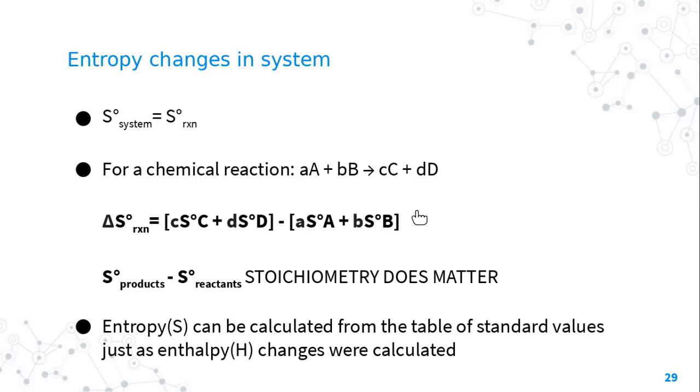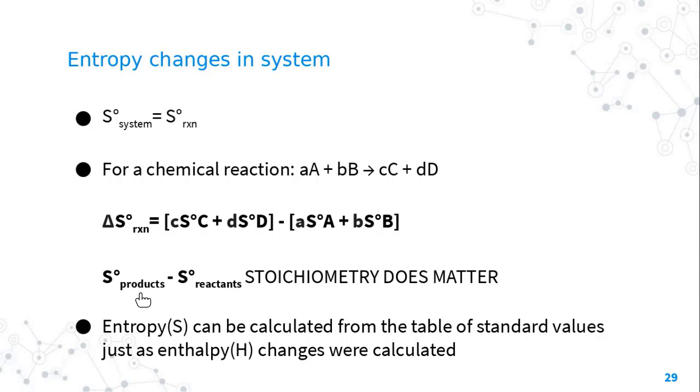So that's basically what we're doing for all of these. We're taking the coefficient from our balanced reaction and we're multiplying it times the value that you can get from the table. And then if you look, C and D are kind of on the same side, and then we're subtracting A and B from it.